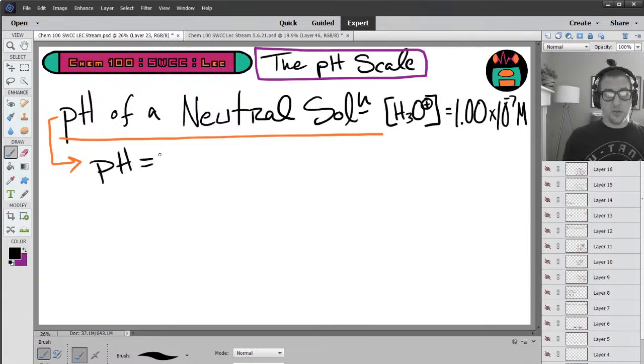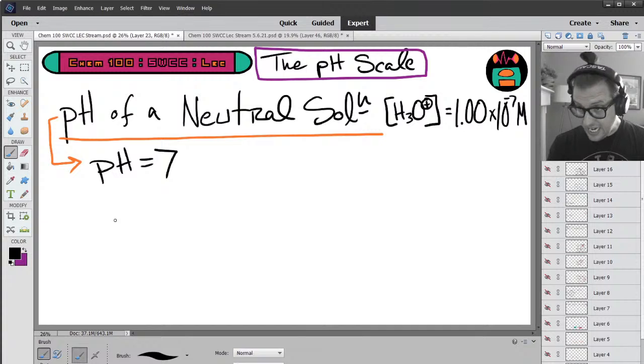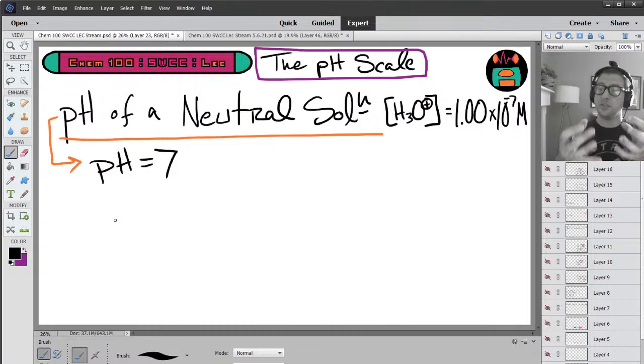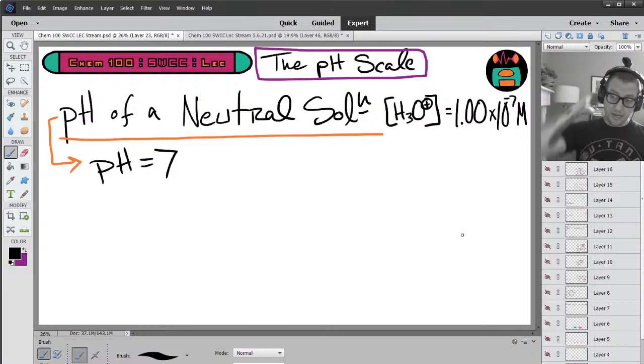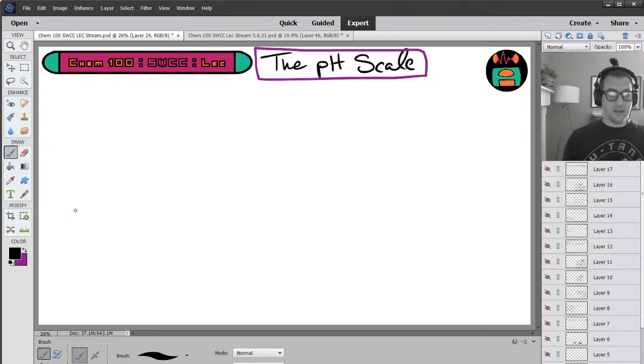the pH of a neutral solution is 7. At pH 7, that's called a neutral pH because there is a perfect balance of acid and base in solution together at the same time. There's the same amount of acid, same amount of base. So this is the middle of the pH scale.